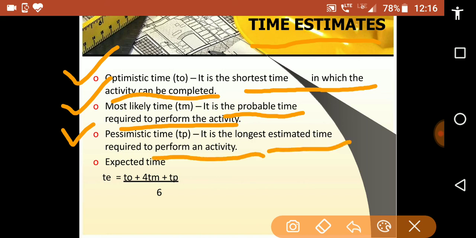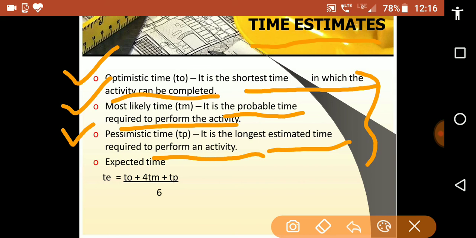So these are the basic 3 types of time. One is optimistic time, represented by T naught, the shortest time in which the activity can be completed. Next is most likely time, represented by Tm, the probable time required to perform the activity.